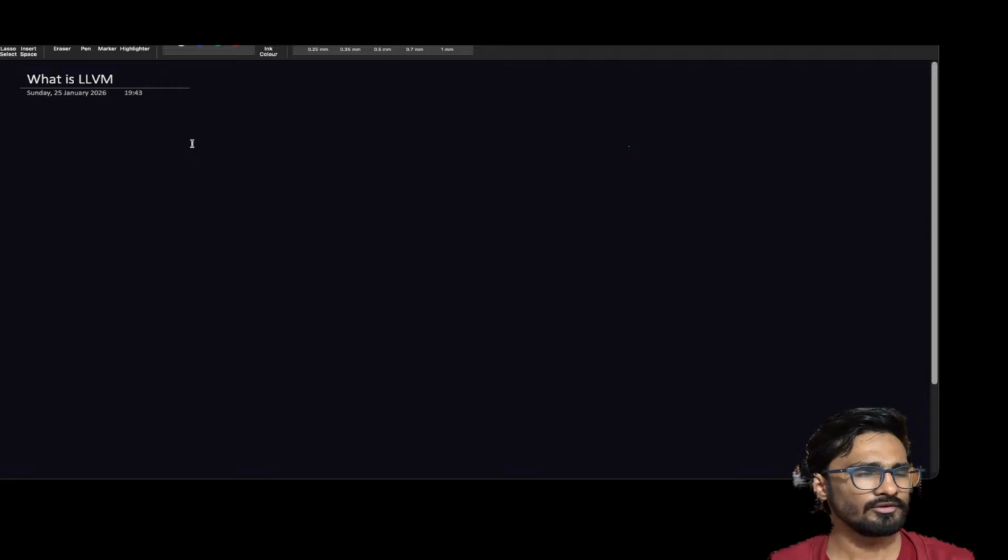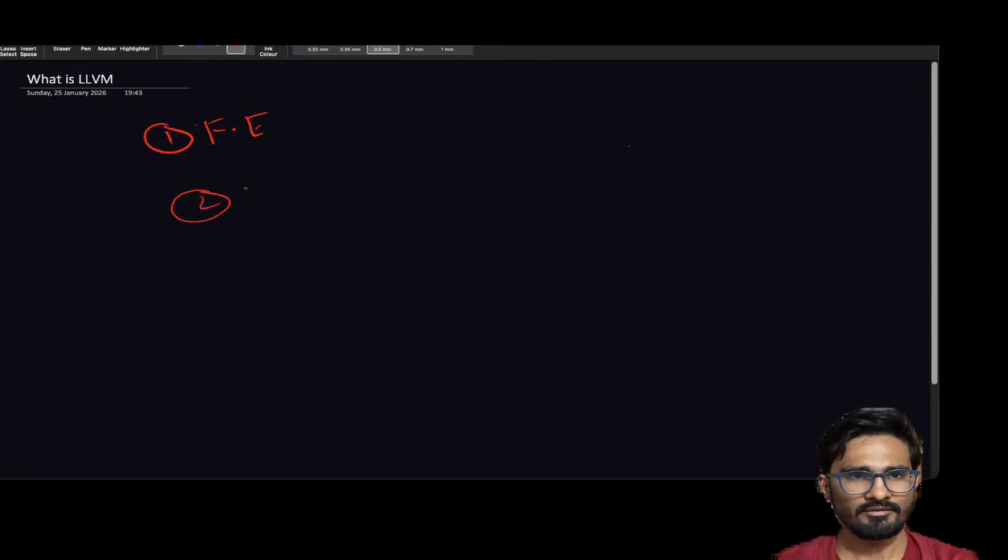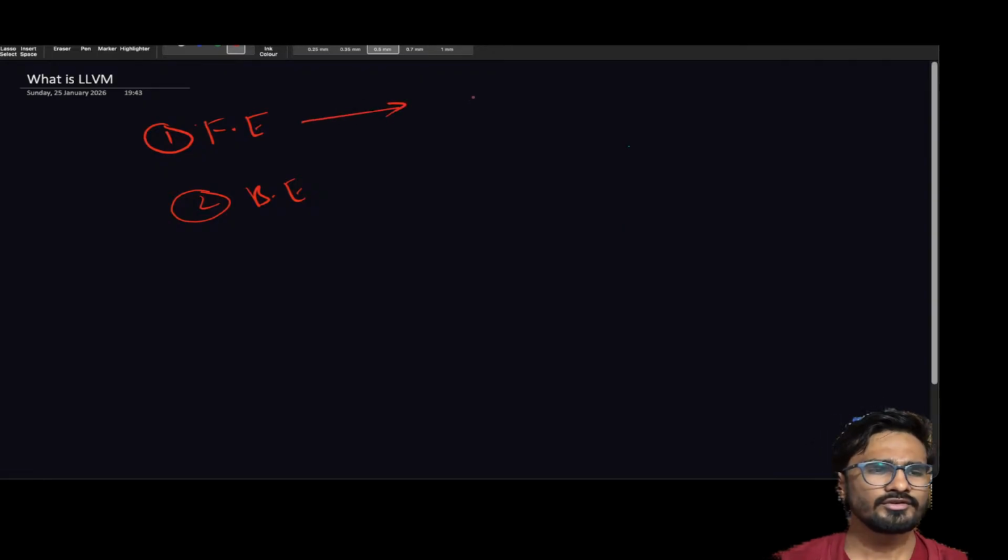When I say before LLVM, I will use three terms. First one is front end, and second one is the back end. When I say front end here, it means any coding language like C, C++.